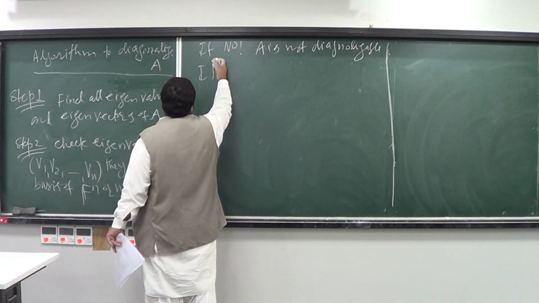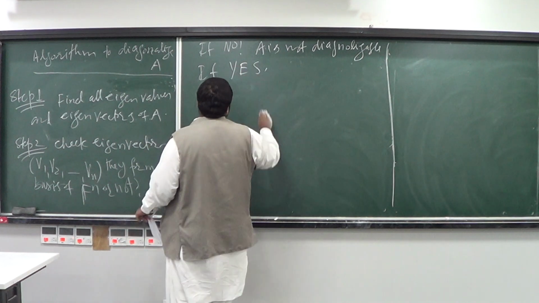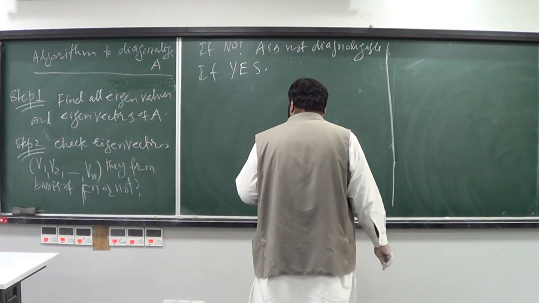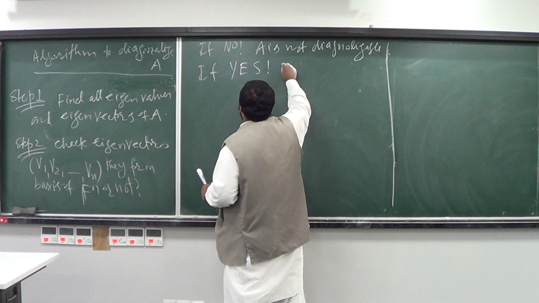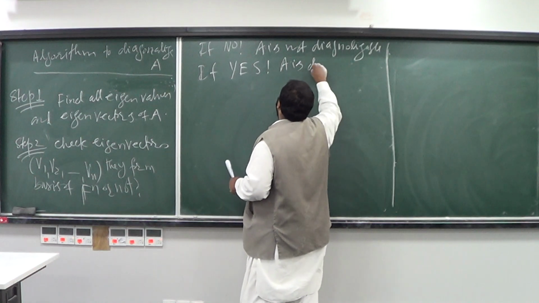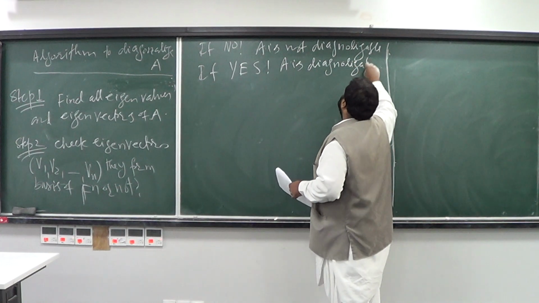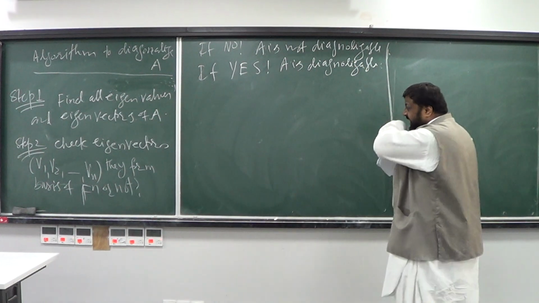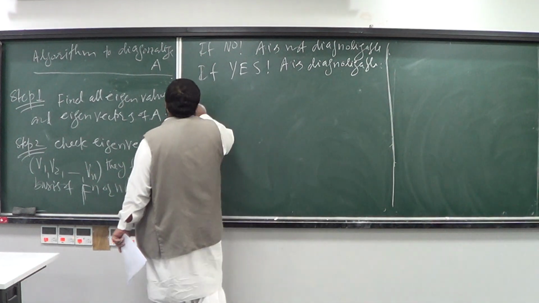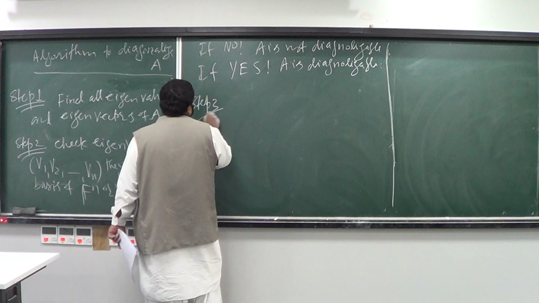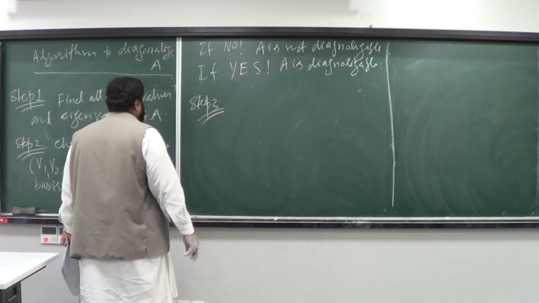If yes, then A is diagonalizable. So the second step is really the step to know whether your given matrix is diagonalizable or not. In step 3, you can find the factorization.